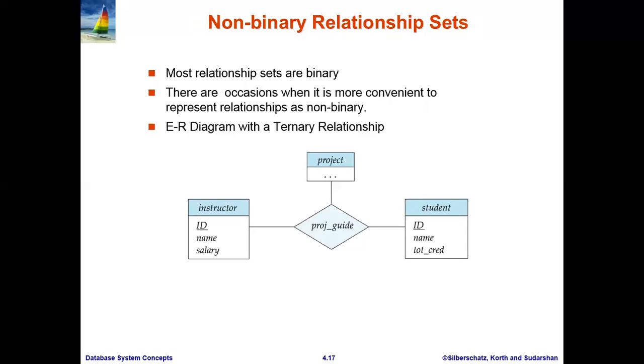So there are two entities, instructor with attributes ID, name, salary, and student with ID, name, total credits, and the relationship set present between these two is project_guide, which is represented diagrammatically in a diamond.